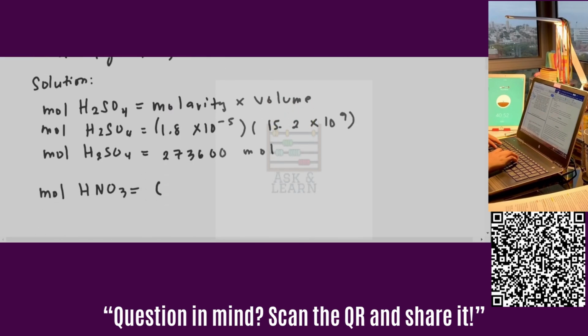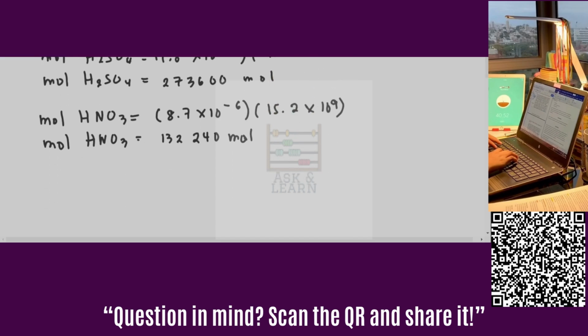So the molarity is 8.7 times 10 to the negative 6, and the volume is 15.2 times 10 to the power of 9. So multiplying gives us 132,240 moles.